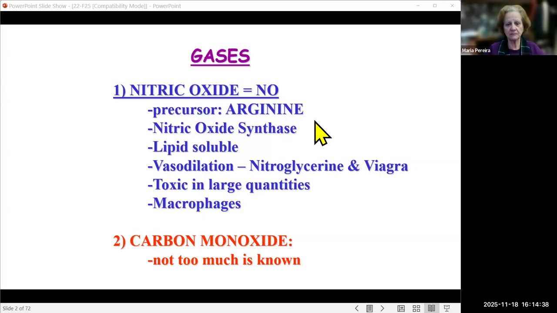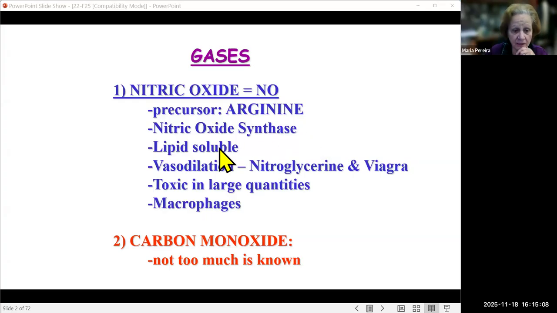So arginine is an amino acid. So I think you're getting the idea that a lot of these neurotransmitters have amino acids as precursors. It's a very efficient way. So we have our own precursors to make these neurotransmitters. So for nitric oxide, the precursor is arginine, and this enzyme, nitric oxide synthase, so the name synthase, it synthesizes nitric oxide from arginine.